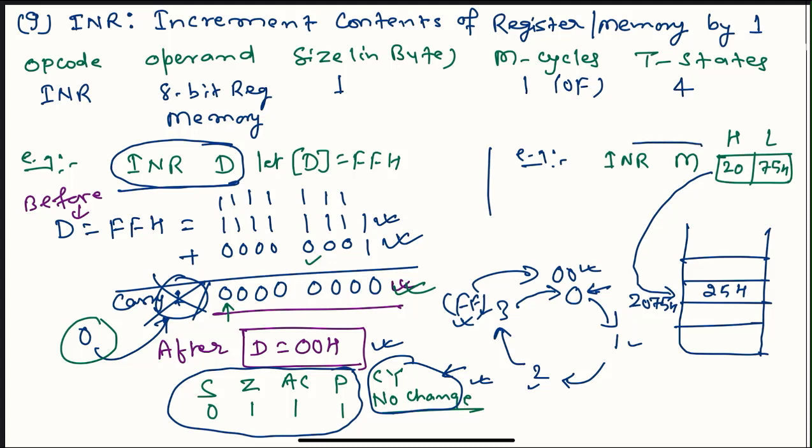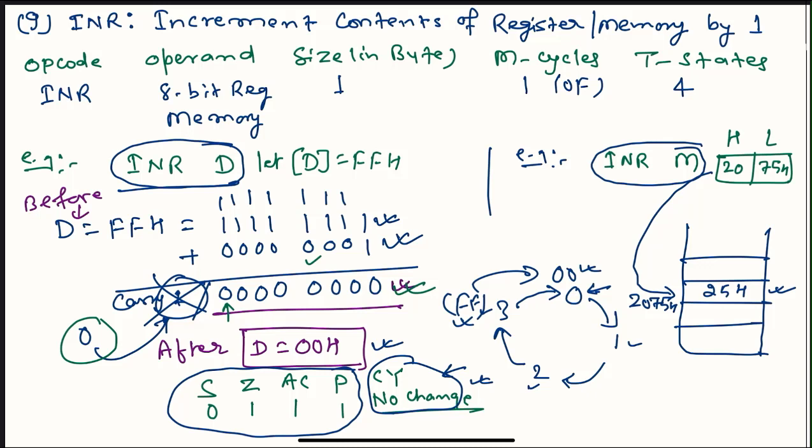During the execution of this instruction, it will take this data from the 2075 location, whatever the data is, 25H, it will come to the processor, and by the use of the ALU and other parts of the processor, it is going to increment this 25H by 1.